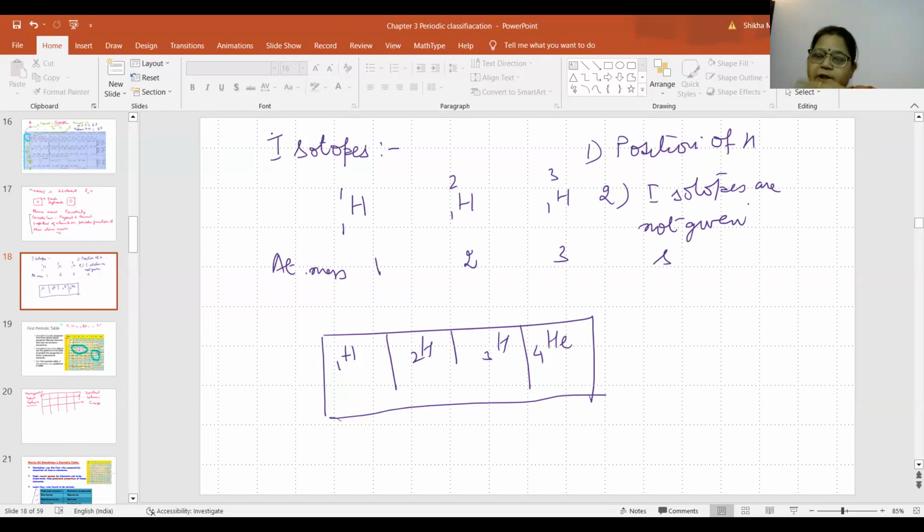So the periodic table should have been very, very big, right? So that means the second point which he missed was that isotopes are not given separate positions, right? Is it clear?